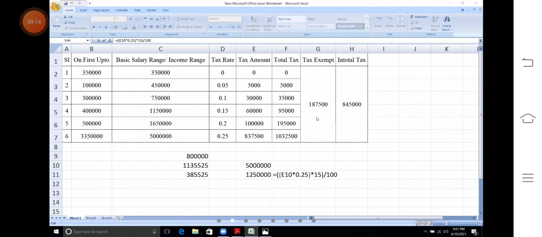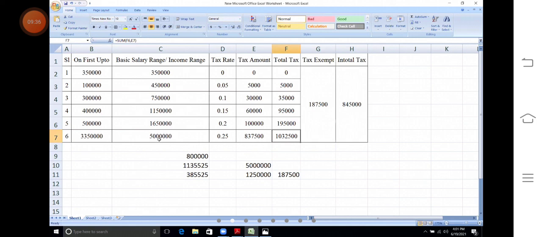So in total tax, how to minus? Total tax means all the total amount, look at this, total amount. You can use this figure, but why am I not using figure? Because of exam time, I will not give you the 50 lakh.